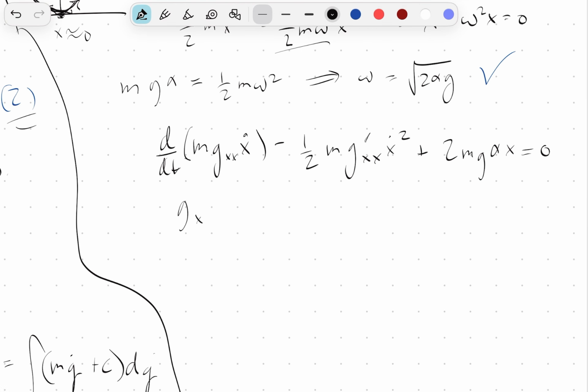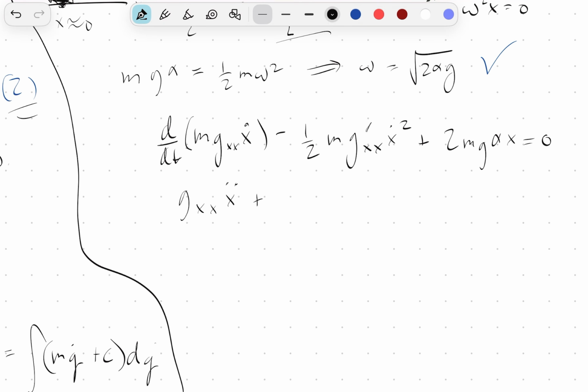And if we simplify this out, we have g_xx x double dot plus 1/2, because we have to do a product rule, g prime x dot squared plus 2g alpha x is equivalent to 0.